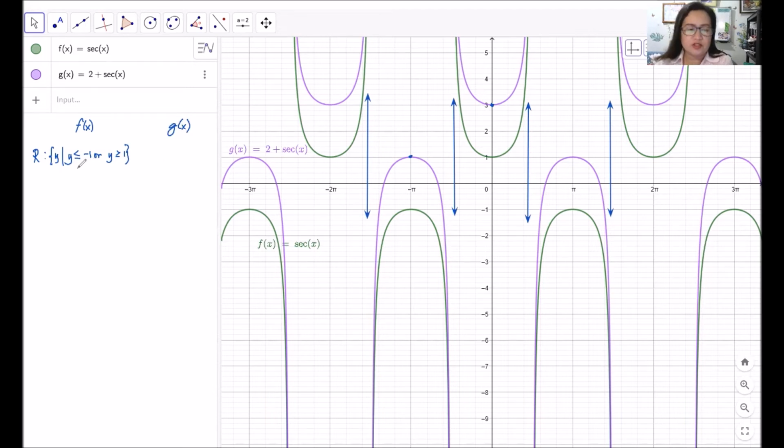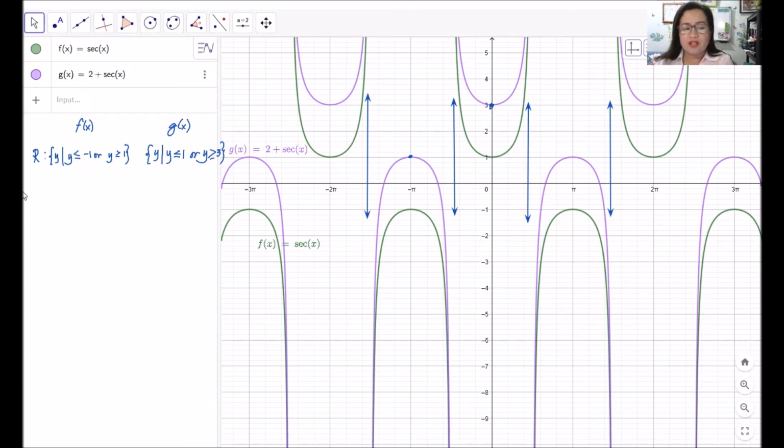From the interval negative infinity to negative 1, union 1 to positive infinity, the range would be the set of all y such that y is less than or equal to 1, or y is greater than or equal to 3.